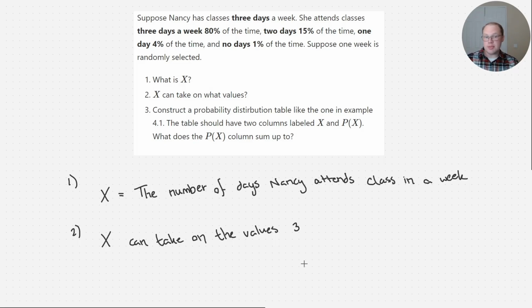She can't attend 4 days because there is no 4th day of classes. She could also attend only 2 of those 3 classes in a week, or maybe only 1 of those 3, or she could just skip the week altogether. Okay, attend 0 classes. So those are the possible values that our random variable x can take on.